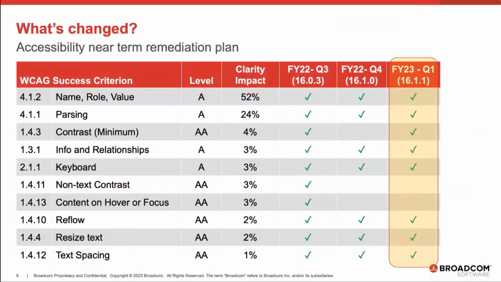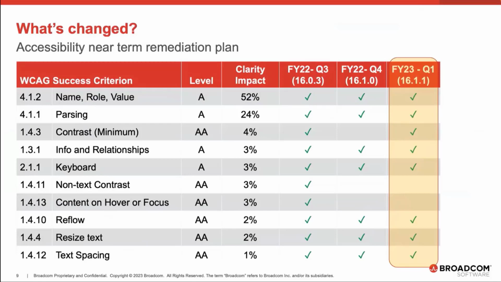The team prioritized the issues, and the percent of reported issues associated with their respective WCAG success criterion are captured in this table. In other words, about 52% of the reported issues are associated with WCAG 4.1.2, which is all about name, role, and value information that is presented through the screen reader.